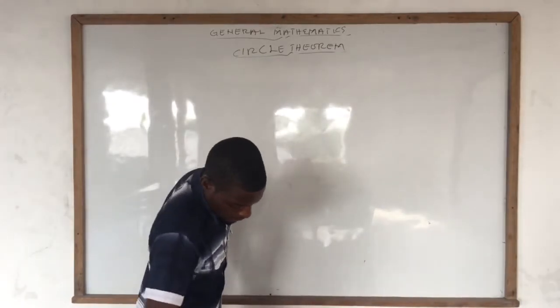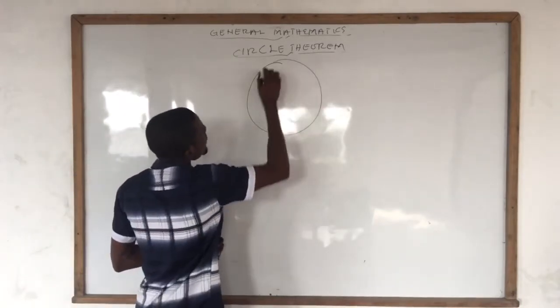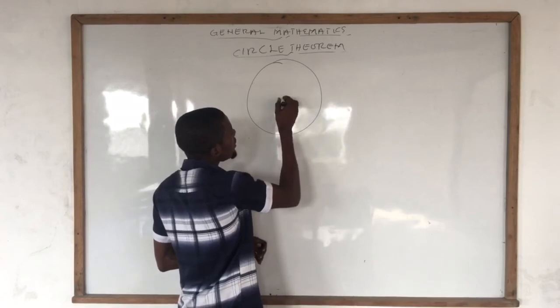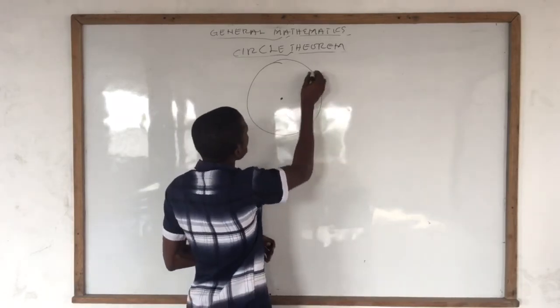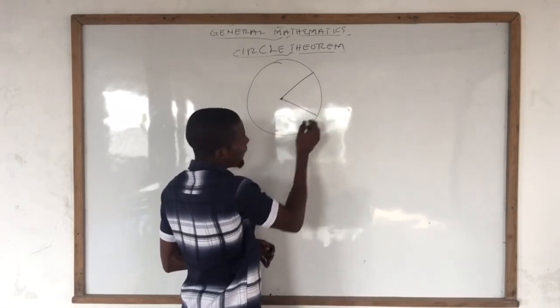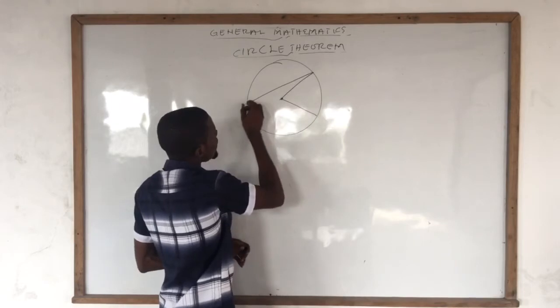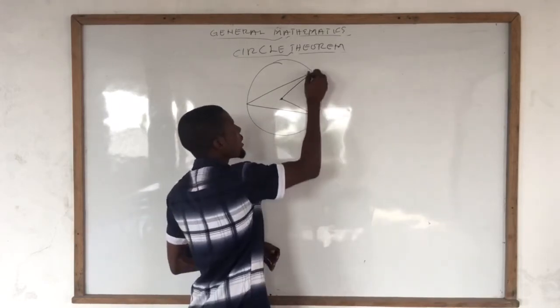Now let's take this particular question. I have a circle here, and I have a center, then I have something like that, and something like this.